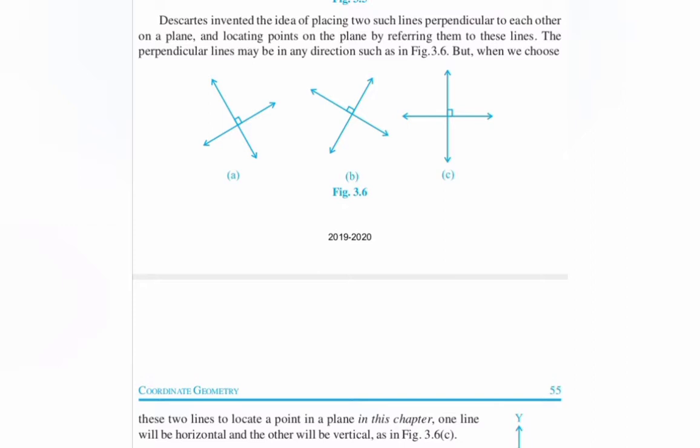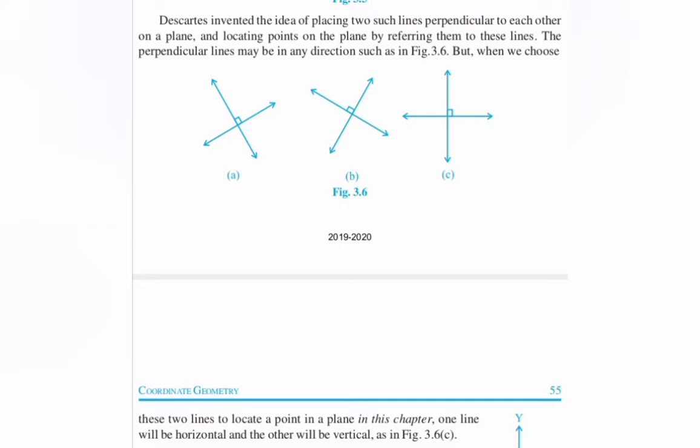So Descartes invented the idea of placing two such lines perpendicular to each other on a plane and locating points on the plane by referring them to these lines. The perpendicular lines may be in any direction, such as in figure 3.6.